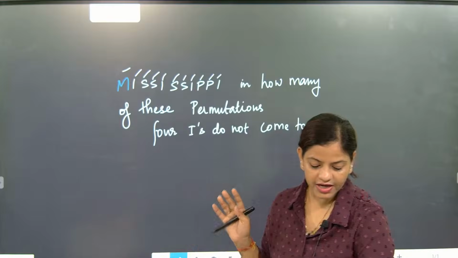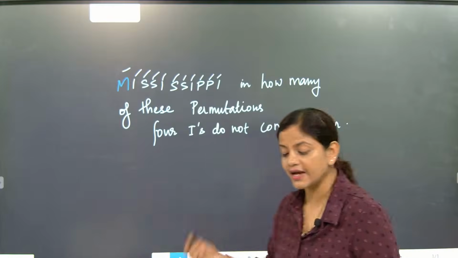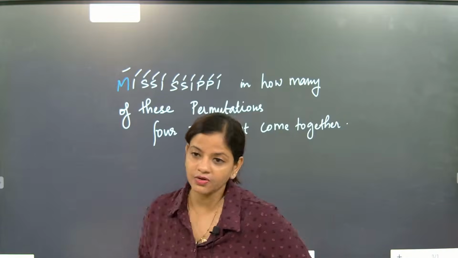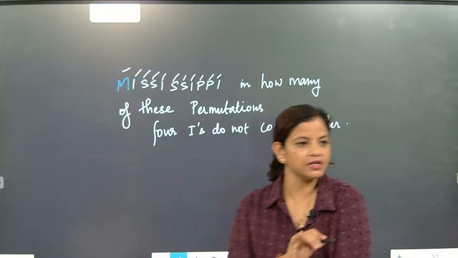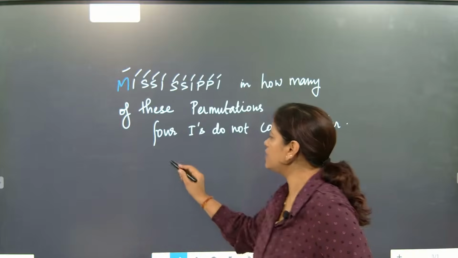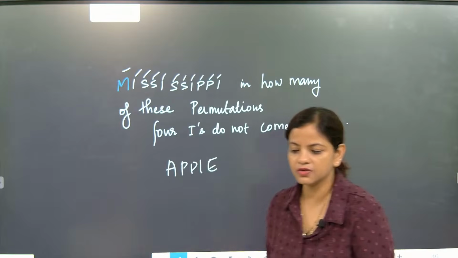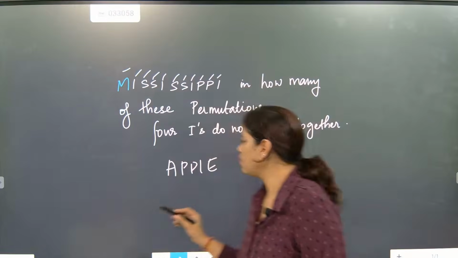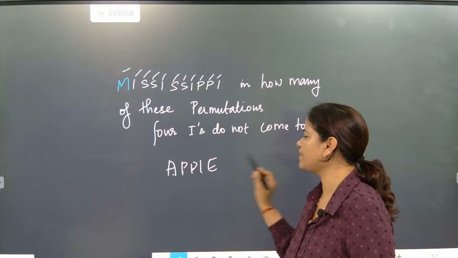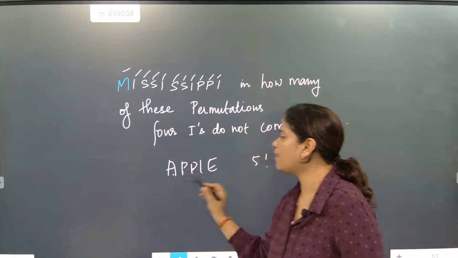So after writing 11 factorial, which letters are related? The formula is that only. How many letters are there? That means you have to write the factorial. So if Apple is there, A-P-P-L-E, how many letters are there? 1, 2, 3, 4, 5. So 5 factorial. Now how many are repeated?